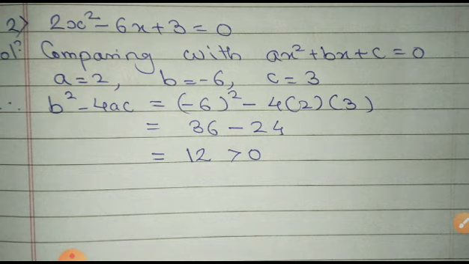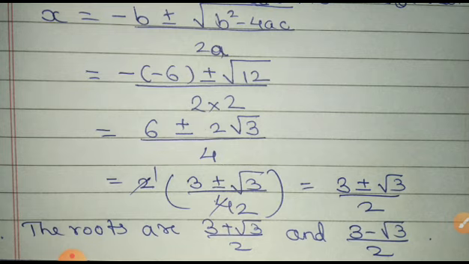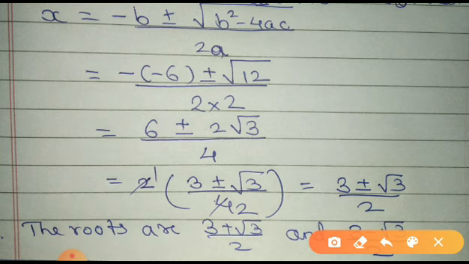Now find those two distinct real roots by the formula method. So x will be minus b plus or minus root of b square minus 4ac by 2a. Substitute the values. Here it is minus of minus 6 plus or minus root 12. Now, square root of 12, can I simplify it further?